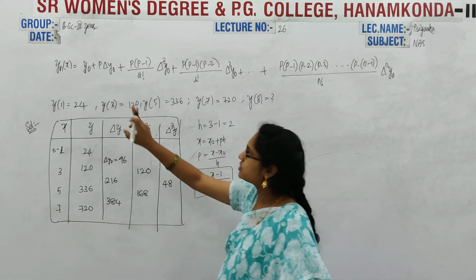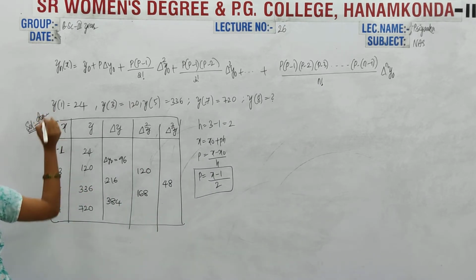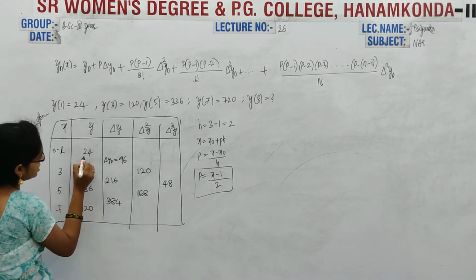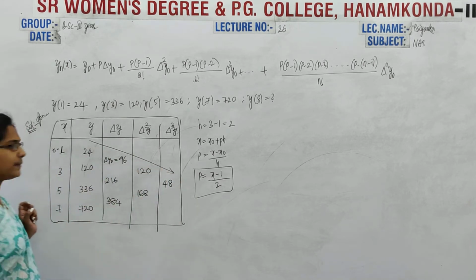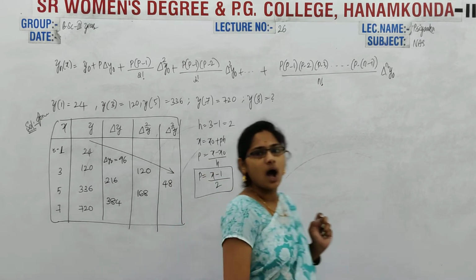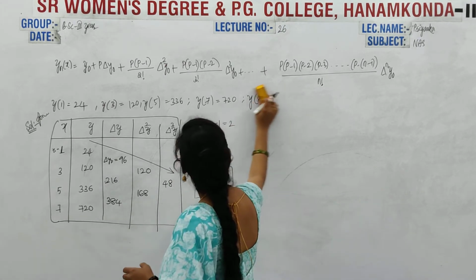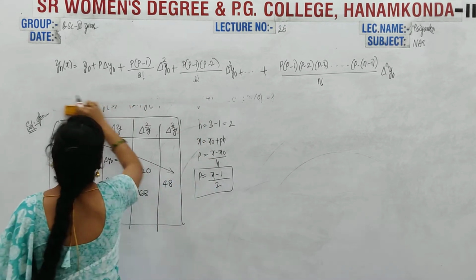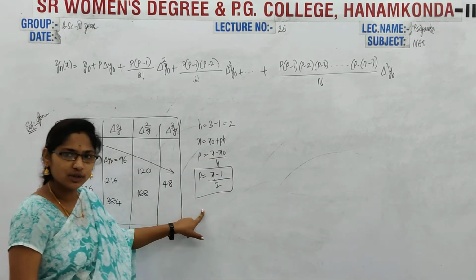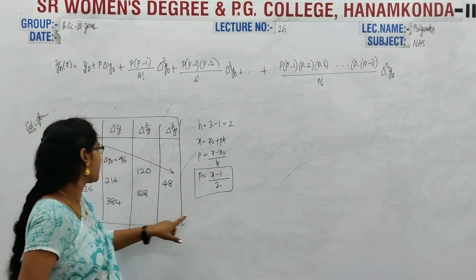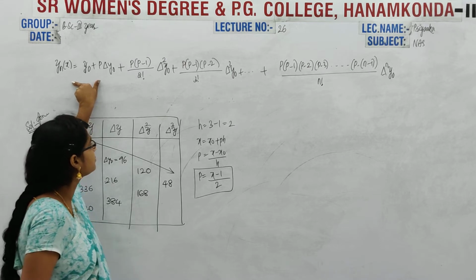Now I have the p value, the formula, and y naught. For the forward method, you have to consider these values. Already I have the formula, so just write down, and after this, substitute p in the forward formula.